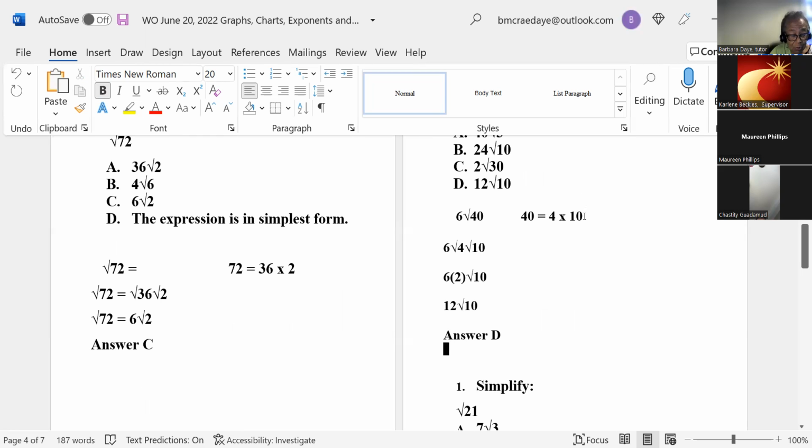Now, when you pick 2 numbers that are not perfect square roots, you can actually get some, but you end up taking more steps to do it. So you're better off if you can think of 2 numbers, one with a perfect square root, then you're halfway there, okay? But since you had a 6 here, you had to multiply that 6 by what you got for the square root of 4.